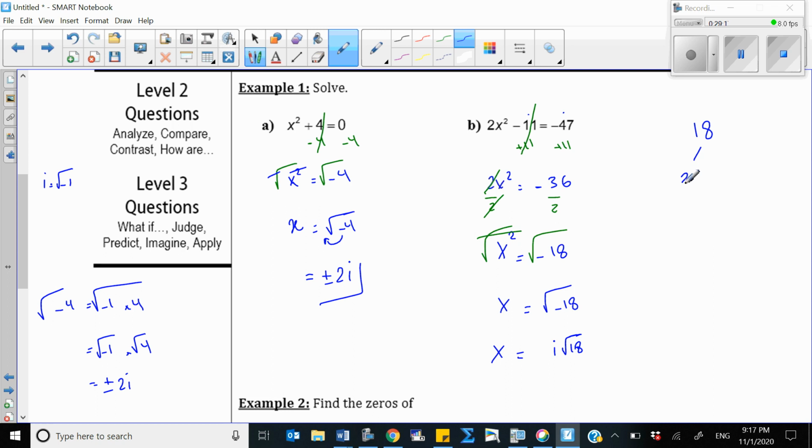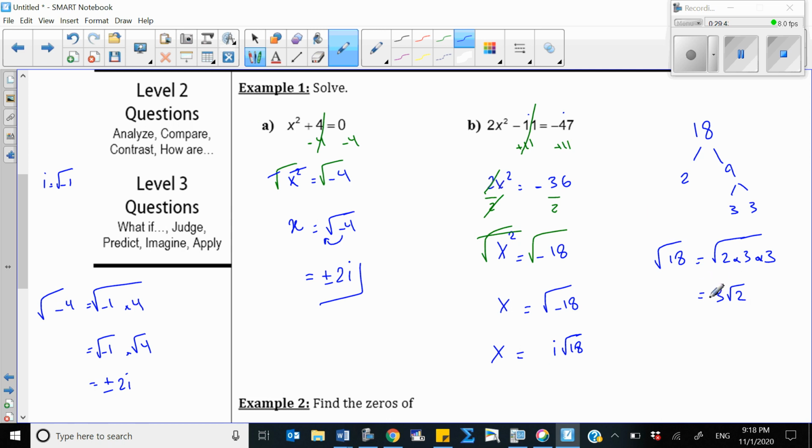18 is 2 times 9, and we know that 9 is 3 times 3. So the square root of 18 is the square root of 2 times 3 times 3. Here we have a pair, so I can remove them and write just one 3 outside, and write it as 3 square root of 2.